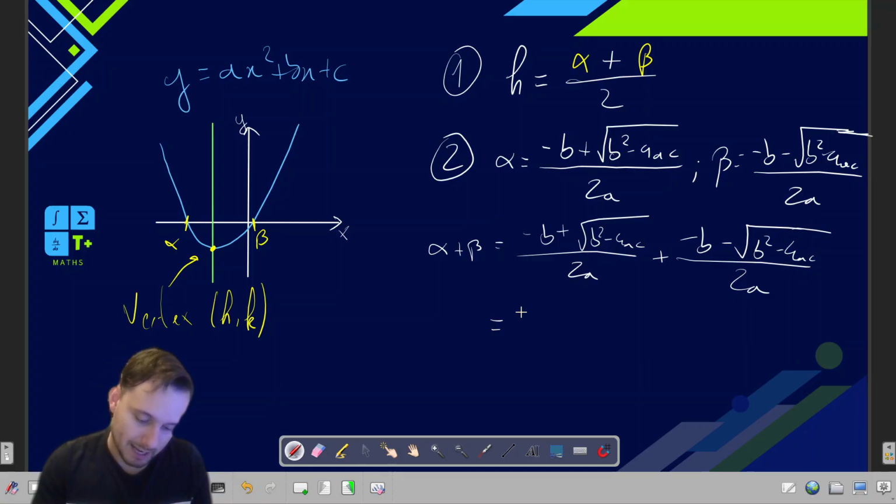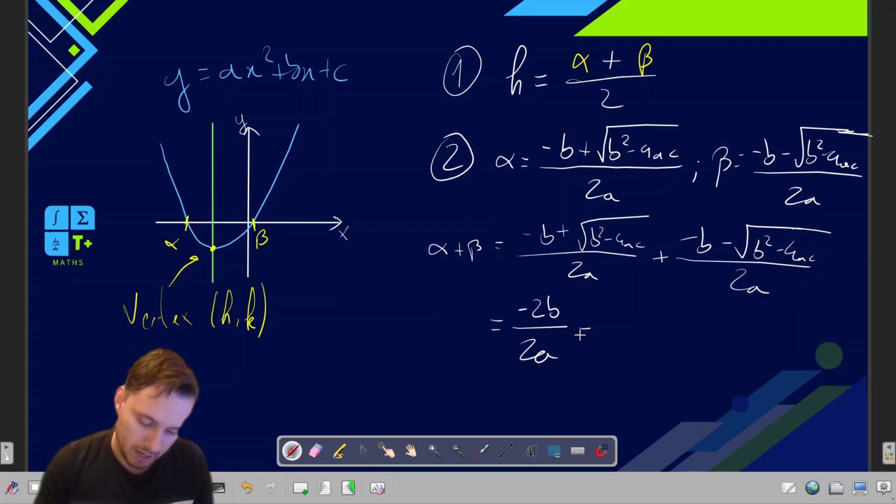So alpha plus beta is negative b plus this radical, minus b minus this radical. This b with this b will become negative 2b. And then this radical with this radical will cancel each other out. So we're just left with negative 2b over 2a. The 2's will cancel out, and this is negative b over a.